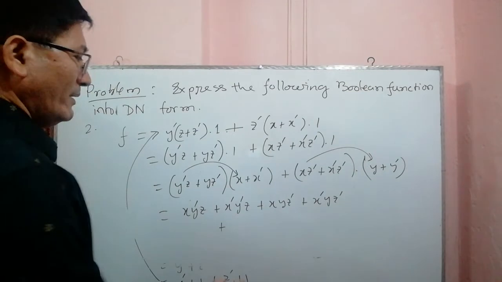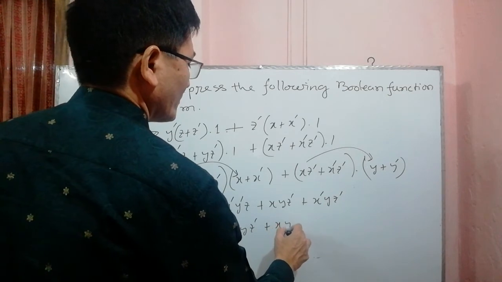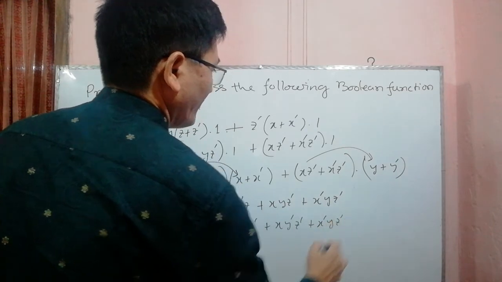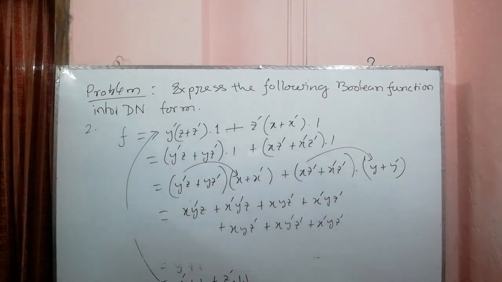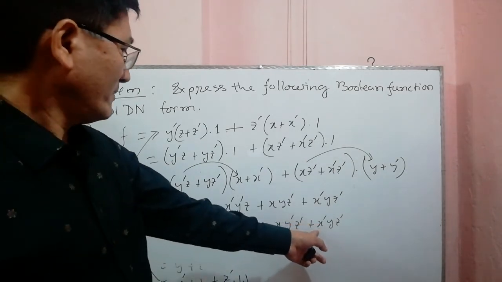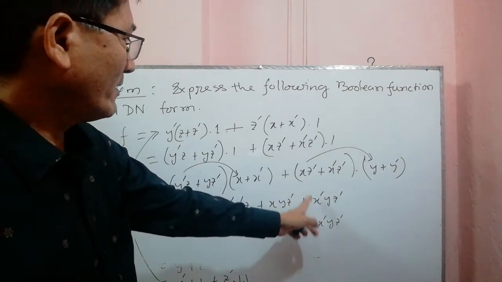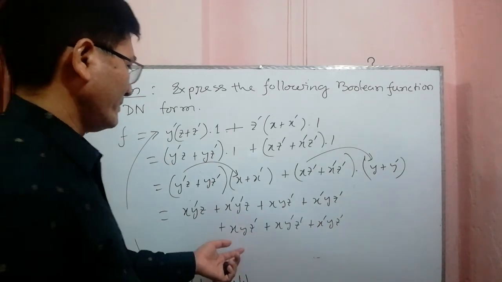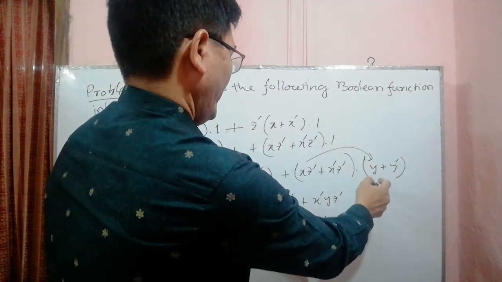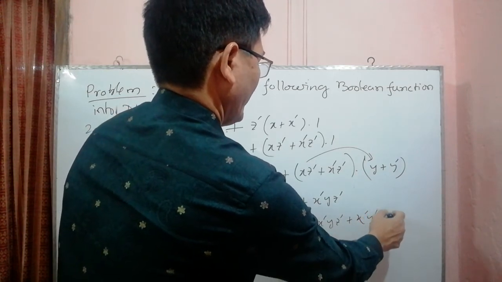Now come here: x y and z prime plus x y prime and z prime plus x prime y and z prime, and then x prime y and z prime plus x prime y prime and z prime.